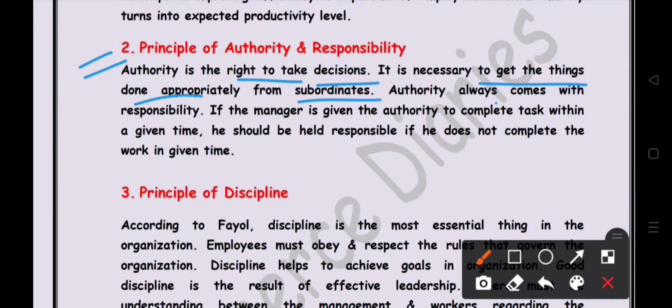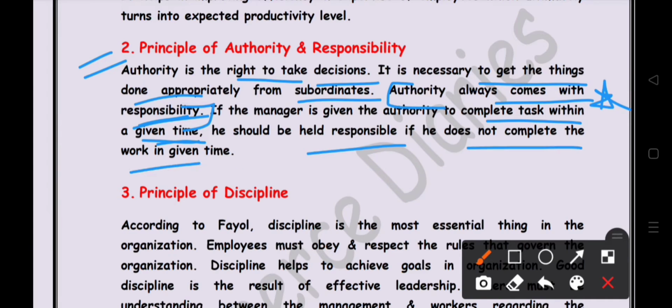Authority always comes with responsibility. So this is also an important key point over here. You have to remember that authority and responsibility go hand in hand. If there is authority, there is responsibility, and if you have responsibility for something, then there must be authority. If the manager is given the authority to complete tasks within the given time, he should be held responsible if he does not complete the work in the given time.